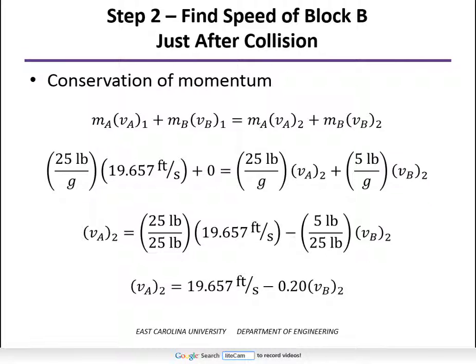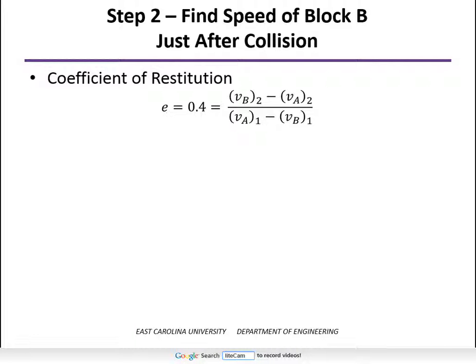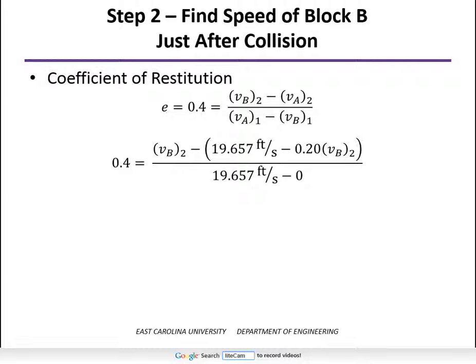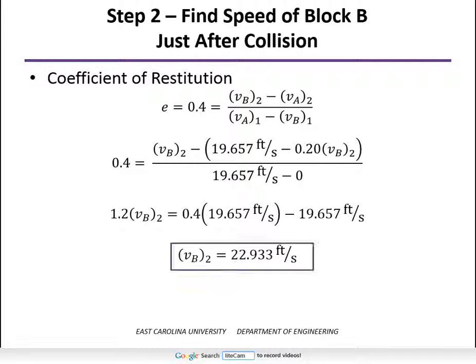So we'll use this along with our definition of the coefficient of restitution. So plugging in our known values again, and you notice here for the velocity of A after the impact, we've put in the equation that we just came up with from the conservation of momentum. So solving this for the velocity of B, we come up with about 23 feet per second as being the velocity of block B just after the impact.